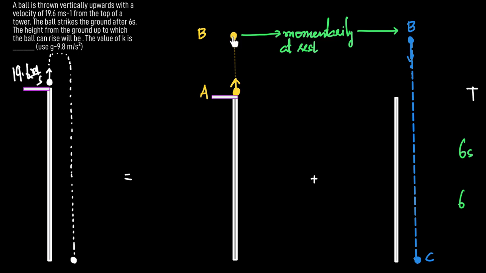At B, the ball is momentarily at rest. So the velocity was acting like this, it comes to rest, which means at this point the velocity is 0, and then it reverses its direction and starts coming down. So we'll divide this complete question into two different motions, motion along AB and motion along BC. AB acting upwards, BC acting downwards.